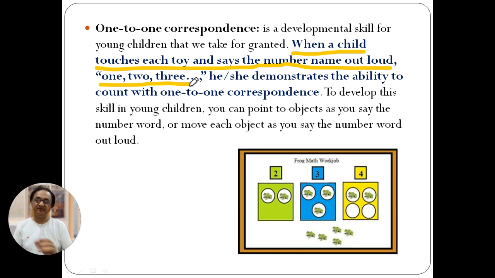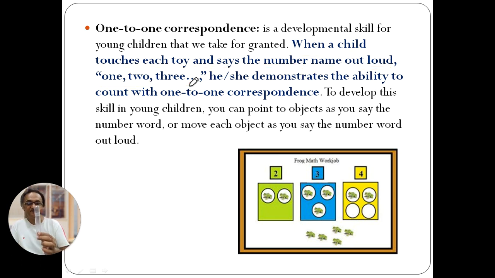For example, any object, this one, when you show a child, the child says 1. When you display like this one, the child says 2. So this is what we call the one-to-one corresponding.